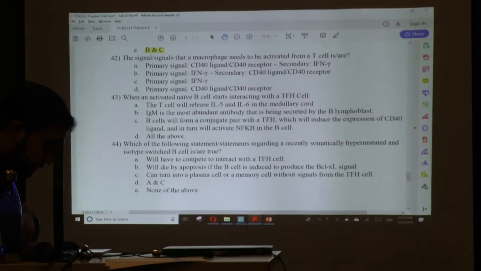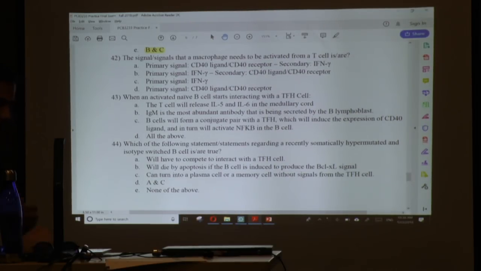For macrophage activation, there's two signals that you need. For example, when the Th1 cell activates the macrophage, there's two signals needed. The first one is CD40 ligand interaction. CD40 is on the macrophage, CD40 ligand is on the T cell.